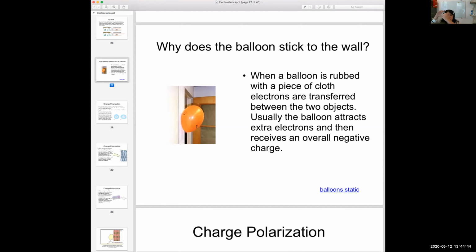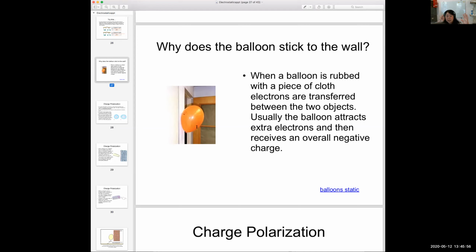But when a negatively charged balloon comes nearby, these electrons feel the negative force coming externally. So although they cannot move out of the atom or molecule, they can shift to the other side inside the atom or molecule.